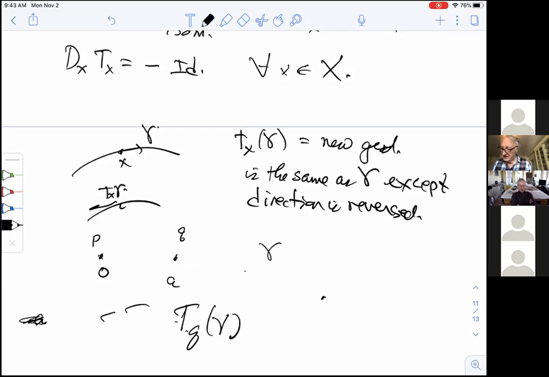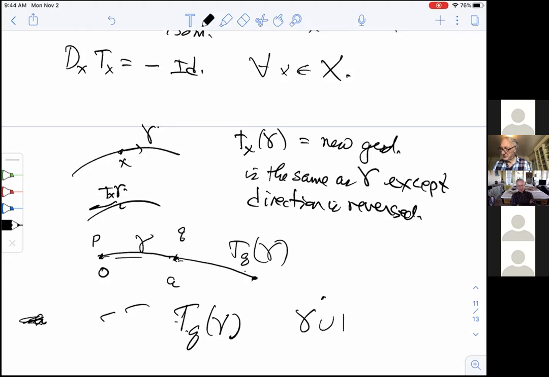So I have a geodesic from P to Q defined on time 0 to a, say with unit speed. And now I flip the geodesic at Q. So here's gamma, here's T_Q of gamma. Now this is a geodesic arc and this is a geodesic arc, and they have the same tangent vector at Q. So in fact, they fit together to make a geodesic.